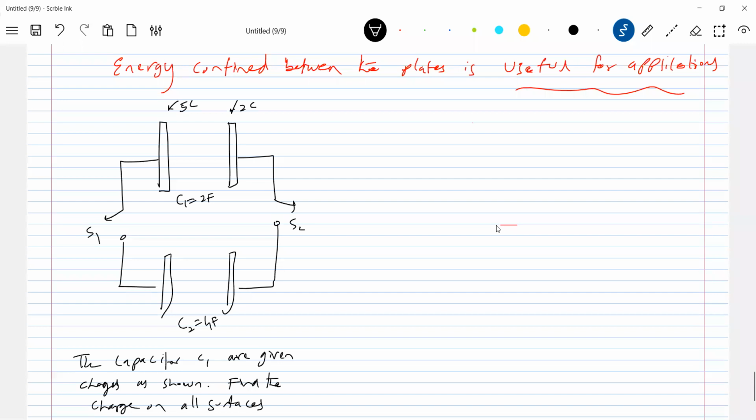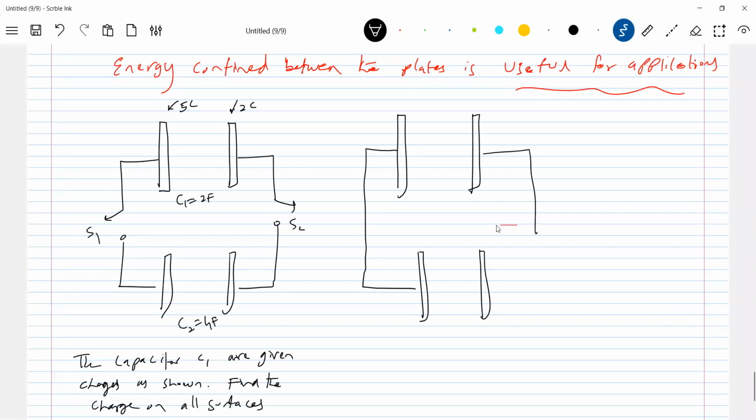Before going for this, first we'll distribute the charges. Let me bring the capacitor itself. So how will the capacitor behave in this case? 5 coulomb and 2 coulomb, so this should be how much? 5 plus 2 is 7, half is 3.5 coulomb here.